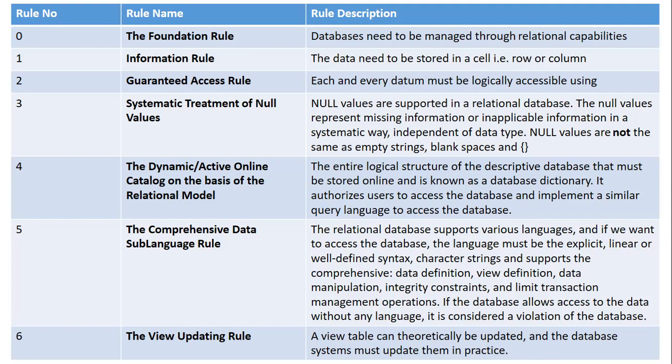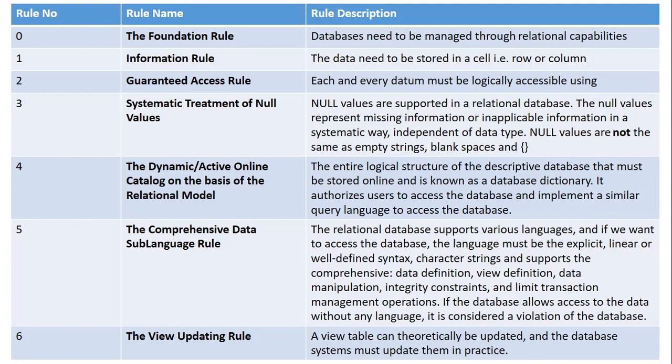The next rule that we have is the dynamic active online catalog on the basis of the relational model. What this means is that we need to have a logical structure of the database, and it must be stored, and whenever we want to access it, it must be accessible. And we should know what the different mappings associated with it are, right?